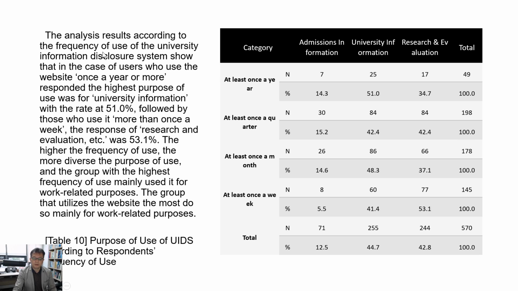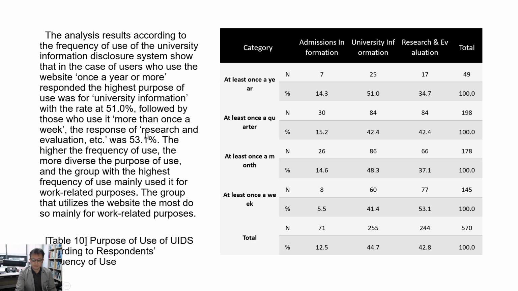The analysis result according to the frequency of use of the university information disclosure system showed that in the case of a user who used the website once a year or more, the highest purpose of use was for university information with the rate at 51.0%, followed by those who used it more than once a week.